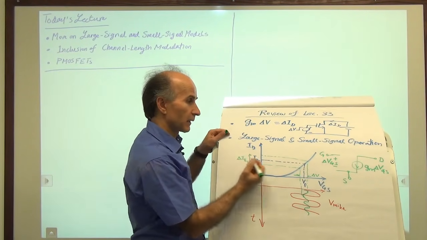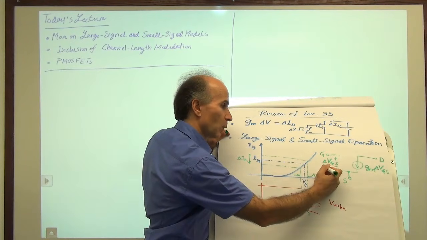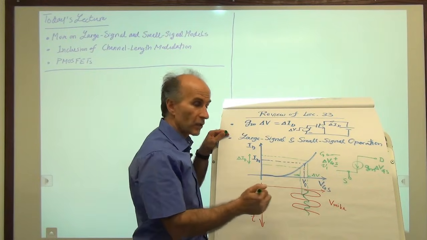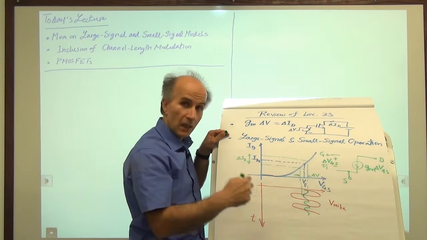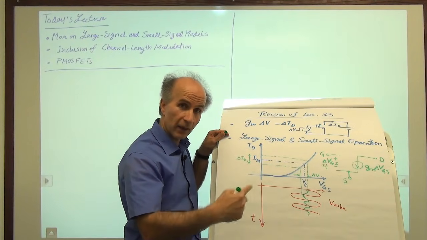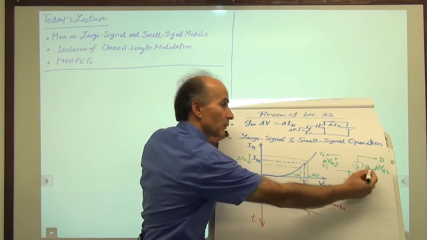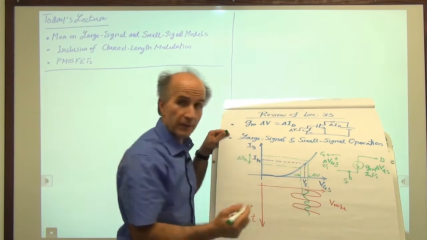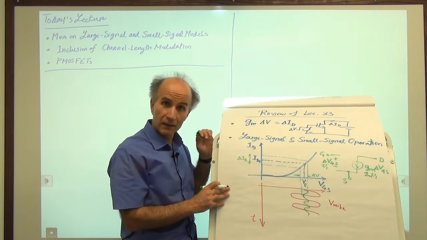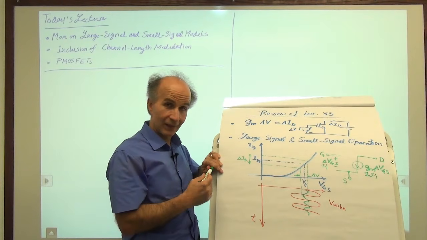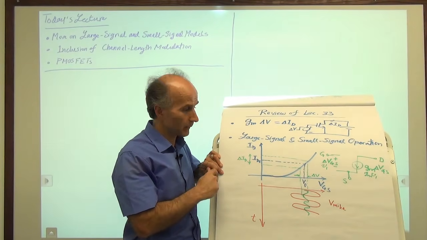So we might just write lowercase v1. V1 is the voltage that we measure between here and here in the small signal model. It's a time varying voltage. And then this would be just Gm times V1. It's just a notation. Instead of saying delta VGS every time, we just call it V1. V1 is really the change in VGS.